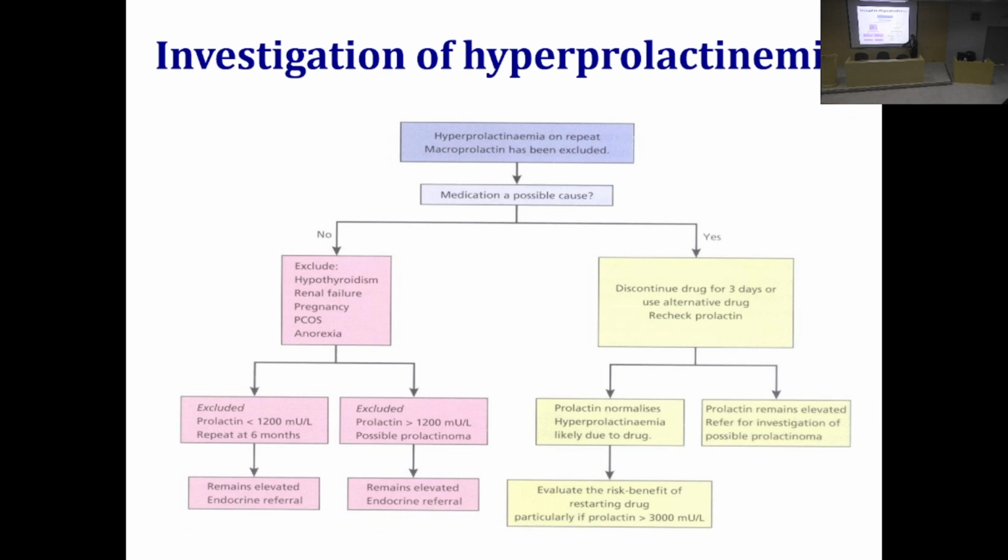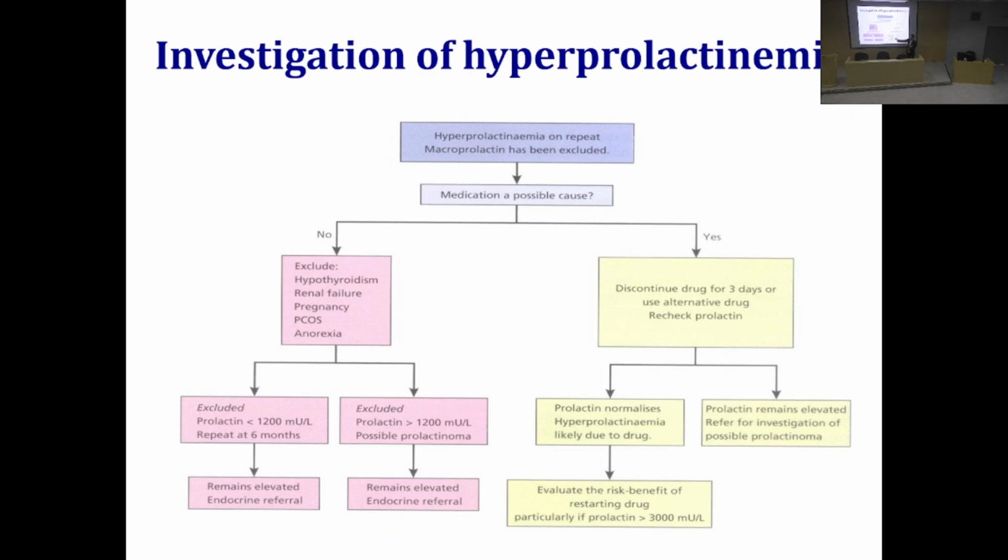If it normalizes, then you can evaluate whether they need this medicine, should they stop it to get pregnant and then restart it, and then you can evaluate it with the treating physician, with the patient as well. If it remains high, it means you excluded the medication. All right, so you may investigate other possible causes of hyperprolactinoma.